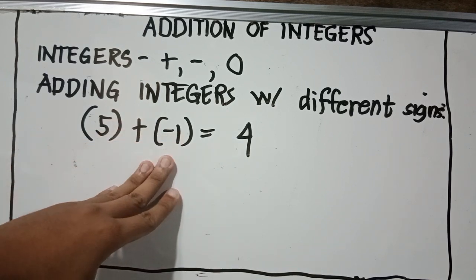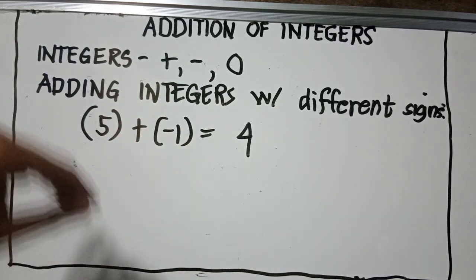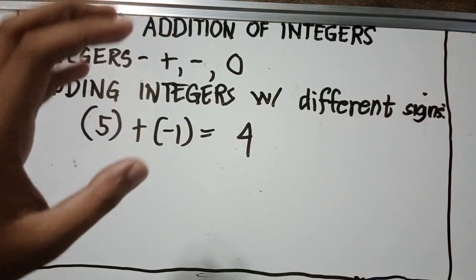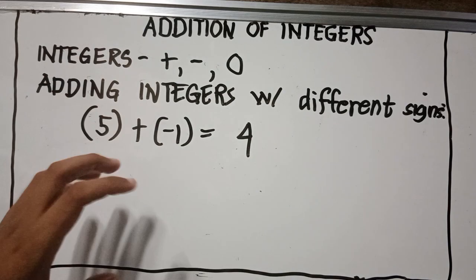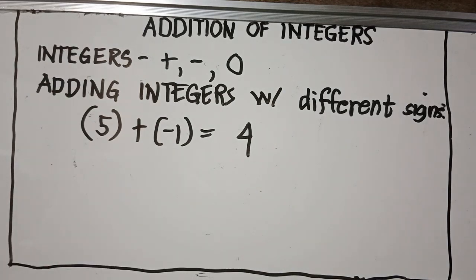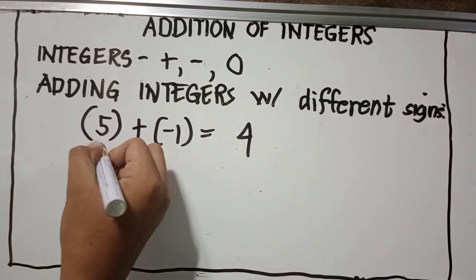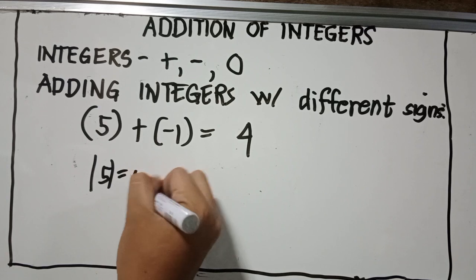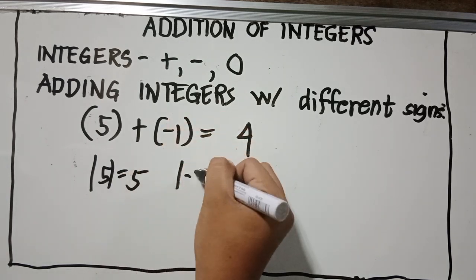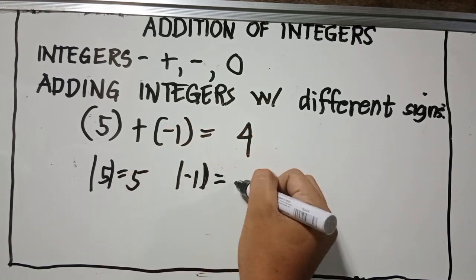What is an absolute value? Whatever the number, whether it is positive or negative, the result is always the positive value of that integer. So the absolute value of 5 is 5, and the absolute value of negative 1 is 1.